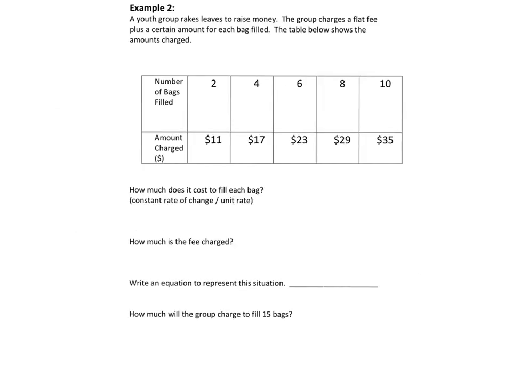So here we have our next example. A youth group rakes leaves to raise money. The group charges a flat fee plus a certain amount for each bag filled. The table below shows the amounts charged. So the first thing I do when I see a table is I like to break it down. I know that this top column is an X and the bottom column is our Y. For the X, we are going up by 2 each time.